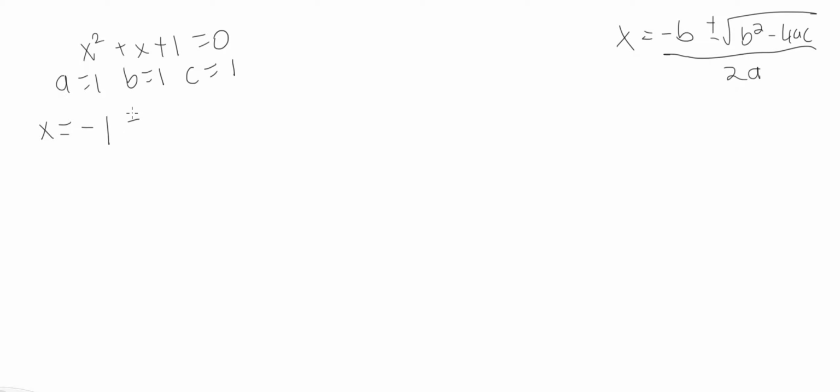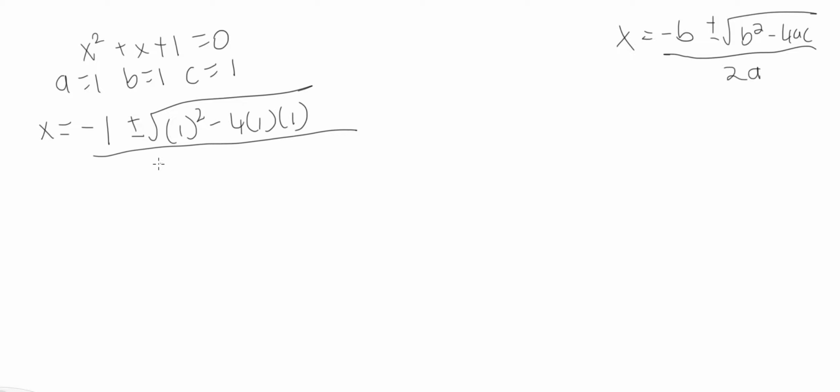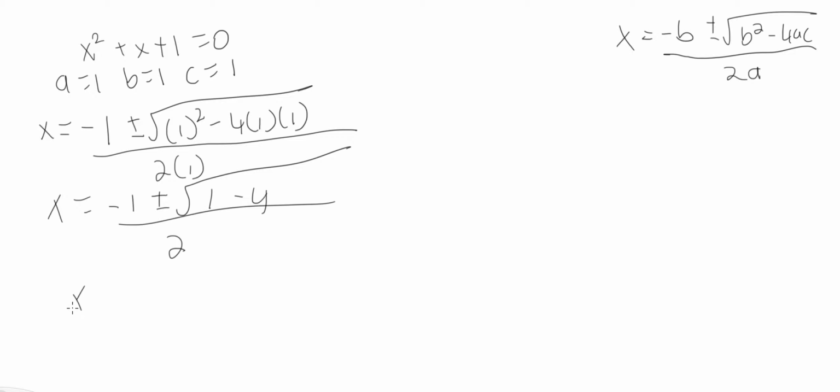So negative b plus or minus the square root of b squared minus 4 times a times c, and this is all over 2 times a. So we have negative 1 plus or minus the square root of 1 minus 4 over 2. Negative 1 plus or minus the square root of negative 3 over 2.